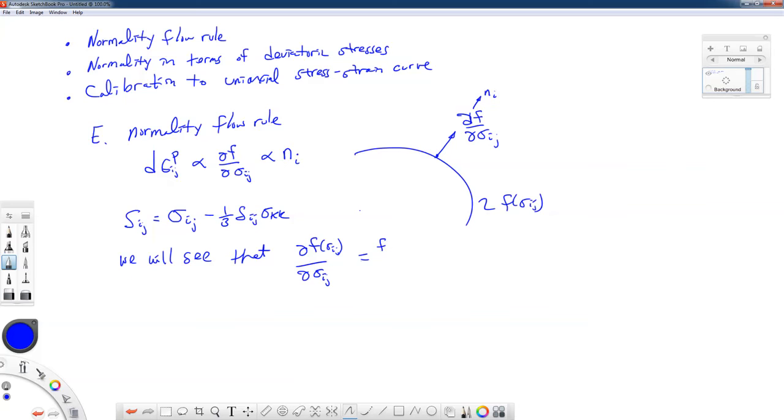Let's put it that way. It's proportional to the partial derivative of the yield function in terms of deviatoric stresses with respect to Sij. And there's no sum on these terms. I need to make this a little bit more clear. Let's put a squiggle underneath here instead of the i and j.